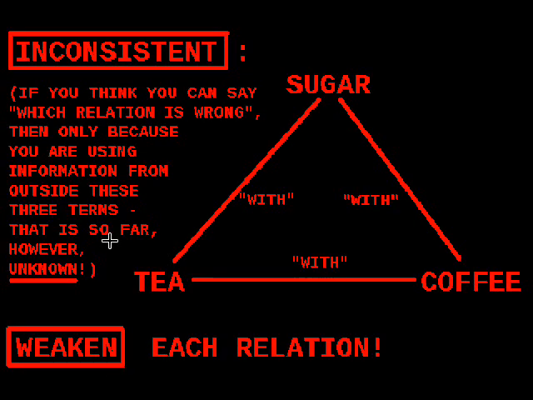Now, inconsistent is if you say, yeah, tea you can have with sugar, coffee you can have with sugar, and tea you can have with coffee. You can say, no, actually, you know what, that is nonsense. This is an abstract inconsistency.